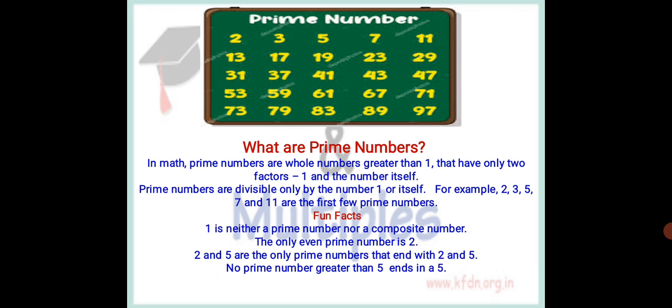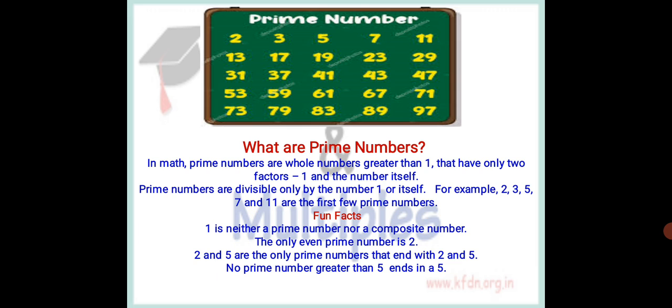These two factors are 1 and the number itself. Prime numbers are divisible only by 1 or the number itself. For example, 2, 3, 5, 7, 11 are some of the first few prime numbers.